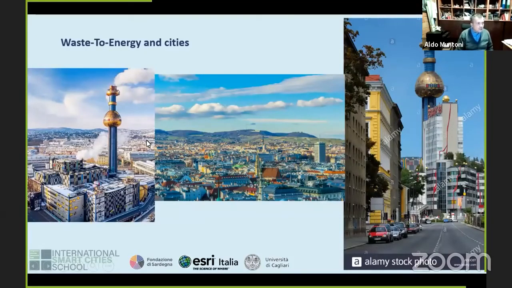But if you look at these pictures, I don't know if you ever saw this plant. This is a very famous incinerator which is built in the very heart of Vienna. Okay, so this is in the center of Vienna, and it was designed in order to avoid being ugly.